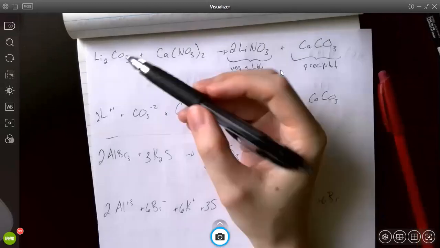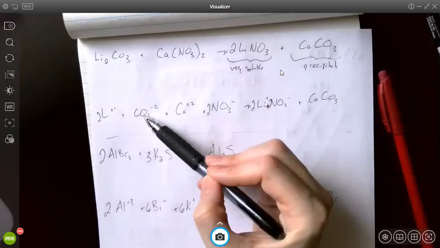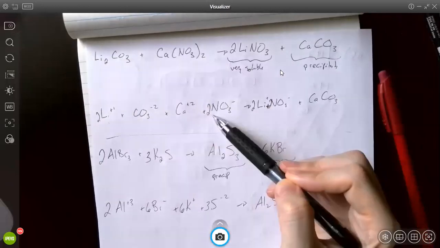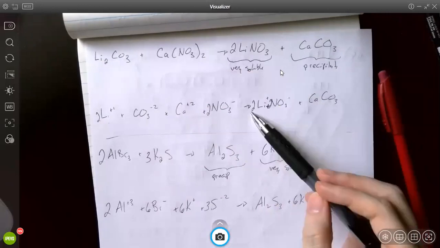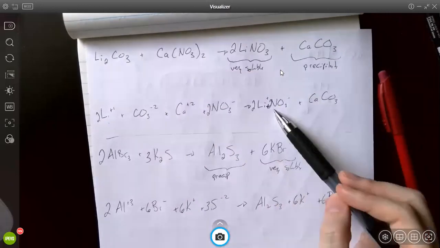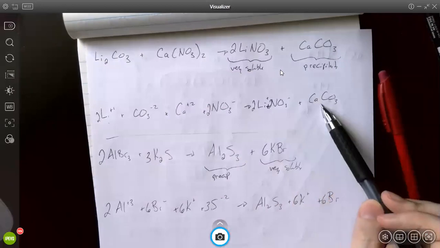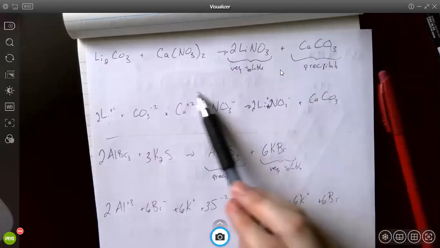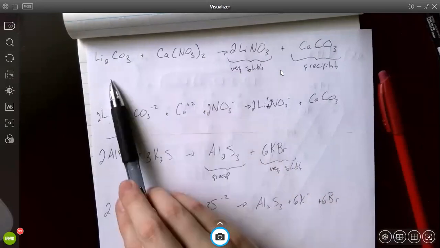So then I break both of my reactants apart into the individual ions. I break my very soluble compound into the individual ions, and I keep my precipitate whole. And then I just make sure that it's balanced, obviously on both sides, but also with the original equation.